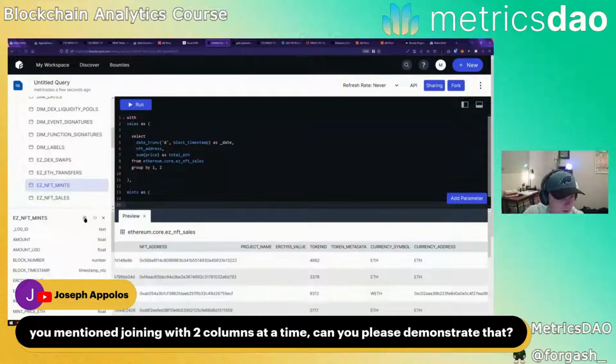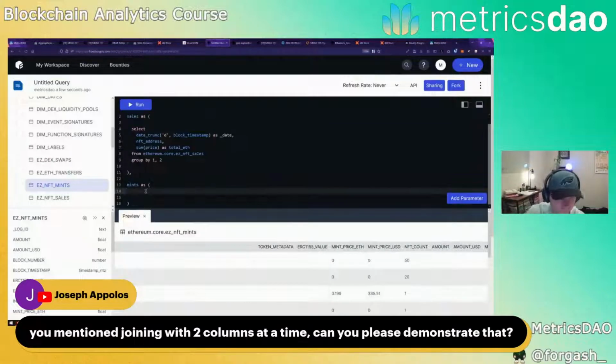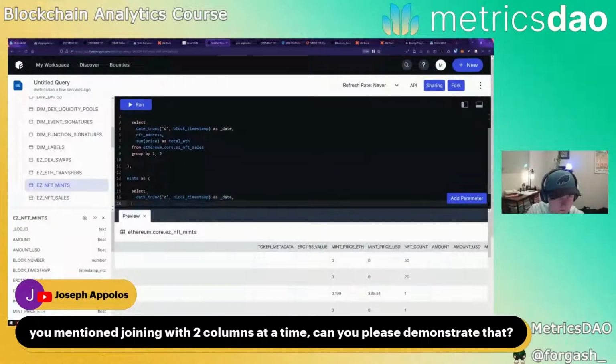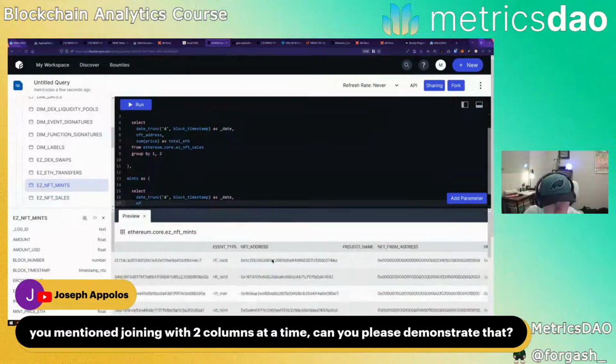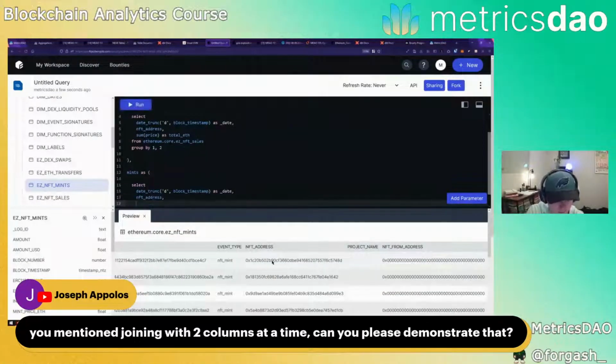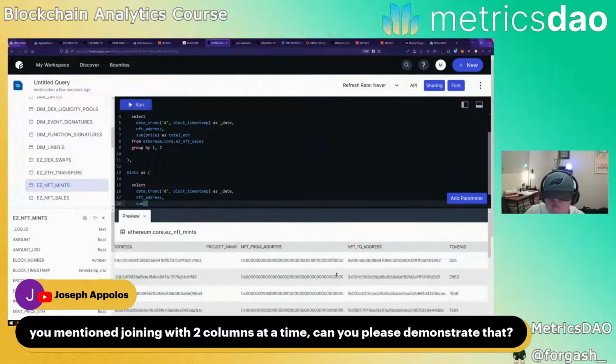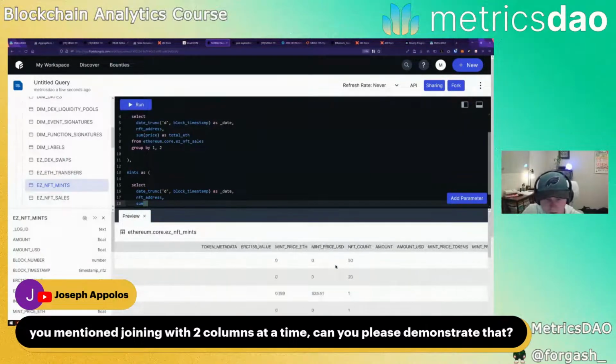And then for mints, let's see what mints looks like. Do they use an NFT address in this one or no? Yes. Mint price ETH is what we want.